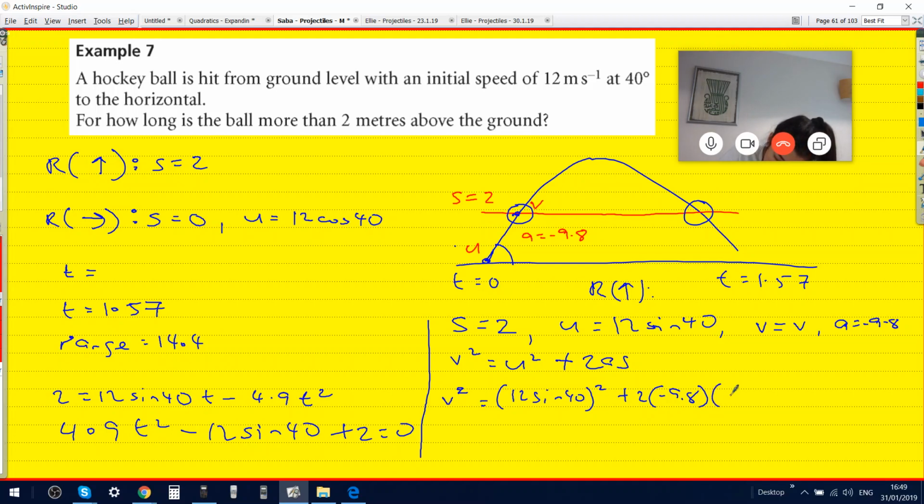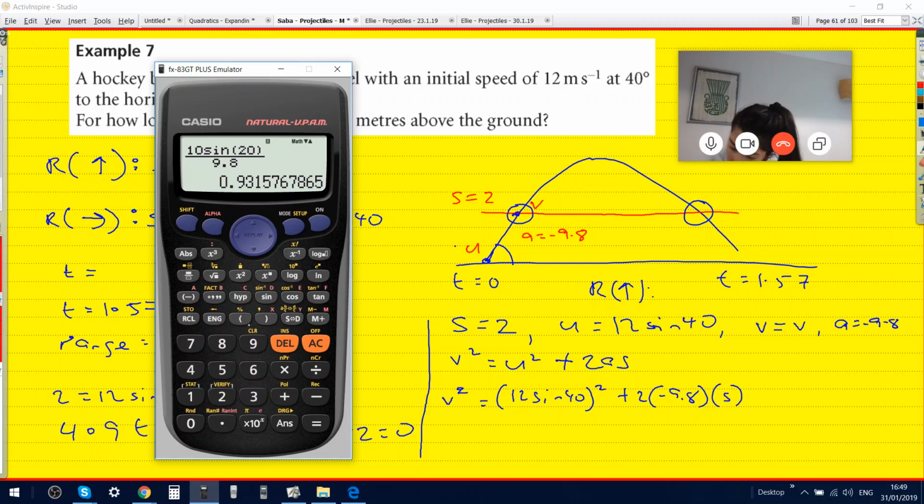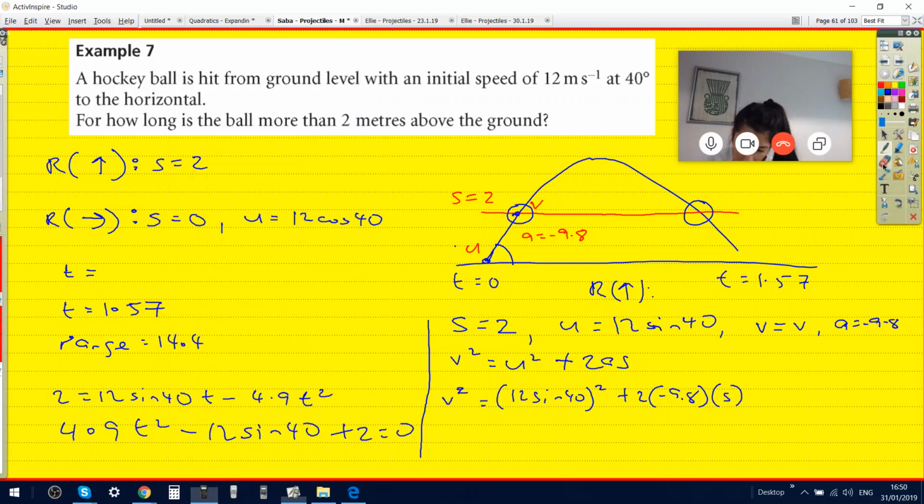You can just leave that as whatever it is. Plus 2 times minus 9.8 is minus 39.2. So 59.497 plus minus 39.2 equals 20.297, then square root that and you get V.